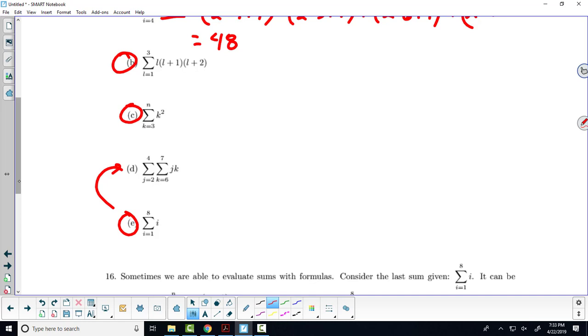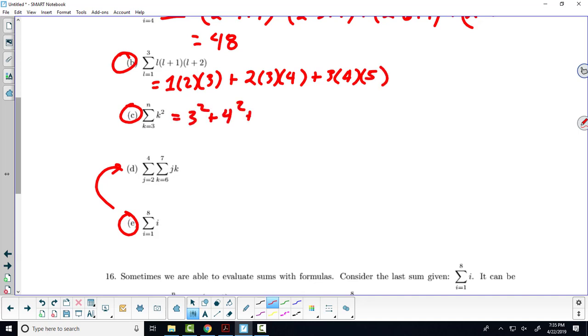You said B, C, and then D? Let's just do it like this. 1 times 2 times 3 plus 2 times 3 times 4 plus 3 times 4 times 5, this minus this and this.